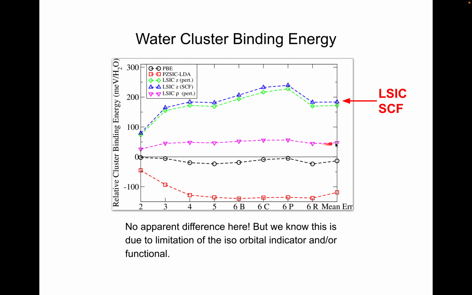What this is telling us is that to improve the LSIC method further, we need to investigate and improve the quality of the isoorbital indicator, or else tune the functionals to perform better for this case.